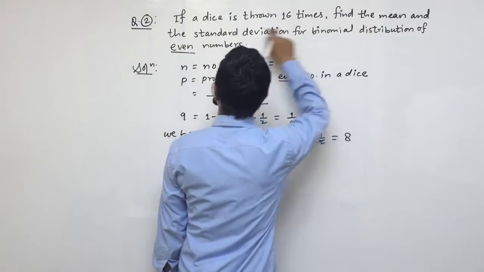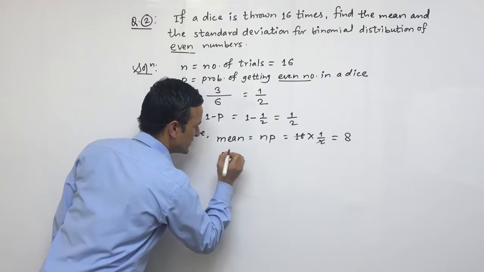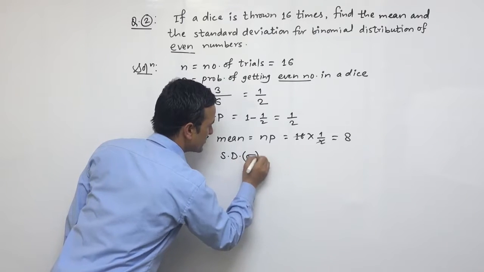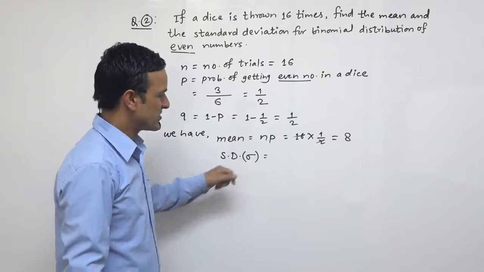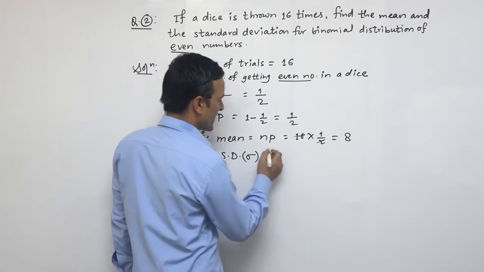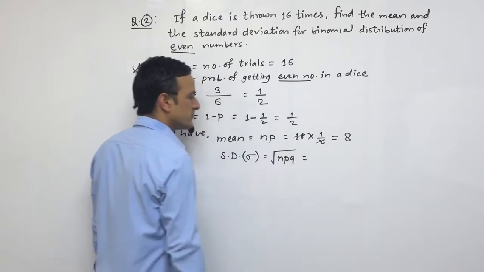Similarly, we have to find the another term, standard deviation. Or we can write down the sigma. This is the symbol of standard deviation, which is also called sigma. And the formula is root under npq.